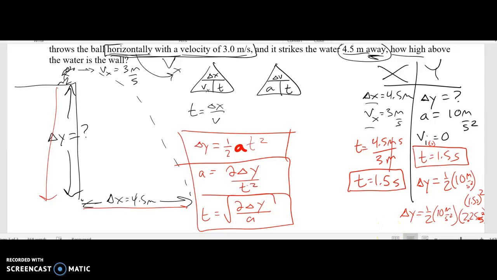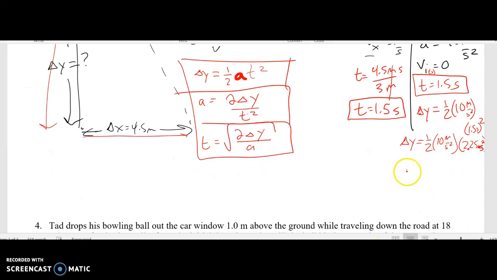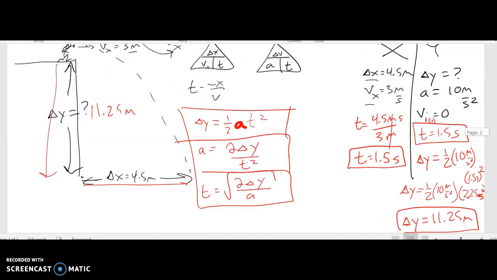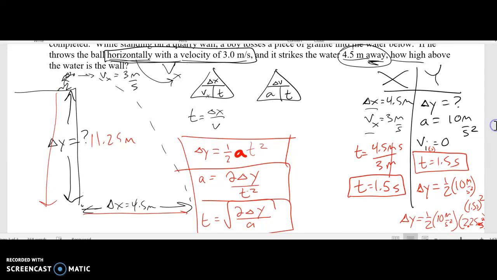Multiply it all together and you get delta y equals 11.25 meters. So what that means is this is 11.25 meters high. I think that does the trick.